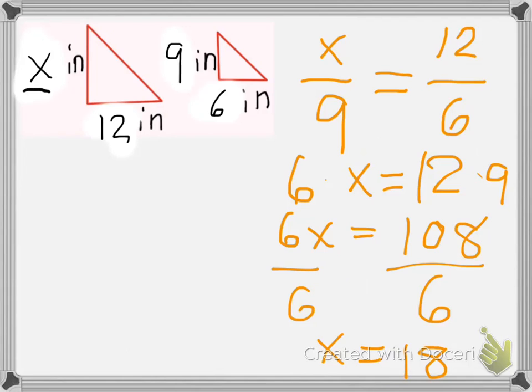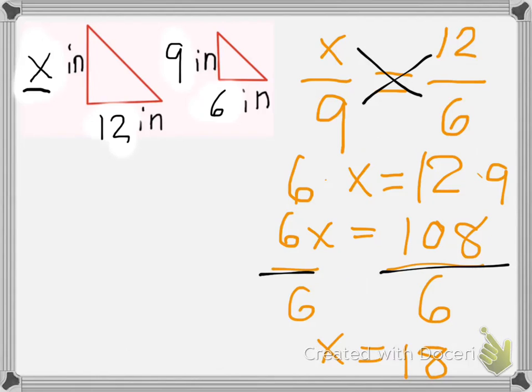So you would cross multiply the 6 by the x, and make it equal to 12 times 9, and you would get 6x equals 108. And then you would divide both sides by 6, and you would get x is equal to 18.